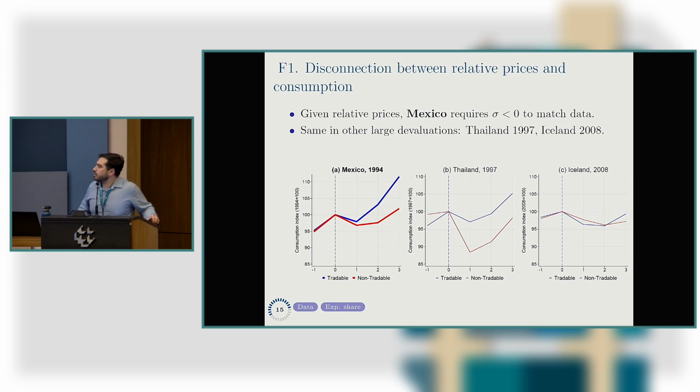Similar evidence supports that this is not a particular case. This was the case also for Thailand in 1997 and in Iceland in some sense in the 2008 crisis. As I told you some minutes ago, the only way to reconcile this evidence with homothetic CES preference is with a negative elasticity of substitution.